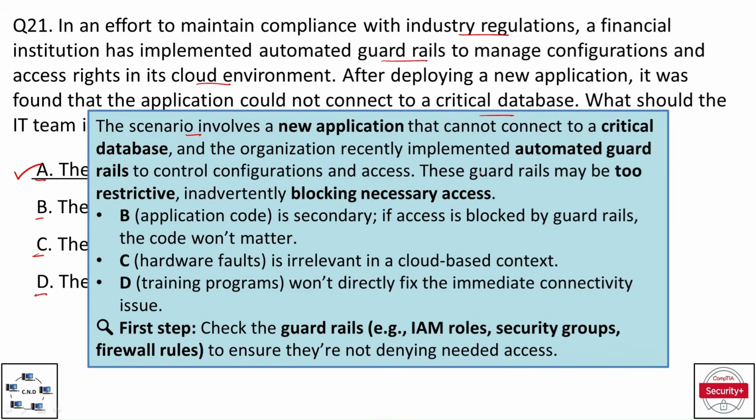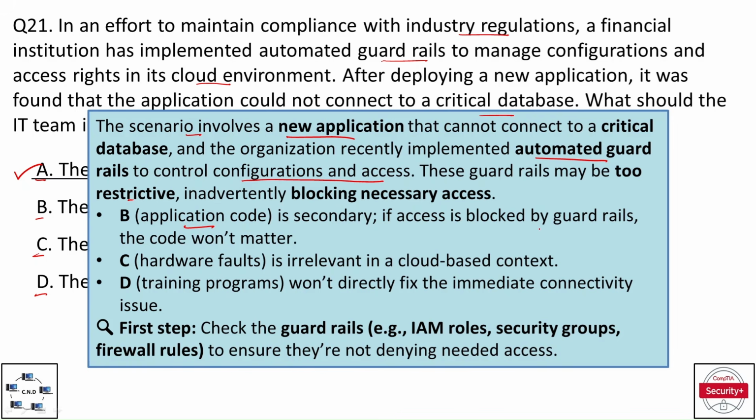And the explanation is, the scenario involves a new application that cannot connect to a critical database, and the organization recently implemented automated guardrails to control configurations and access. These guardrails may be too restrictive, inadvertently blocking necessary access. Option B, application code is secondary.